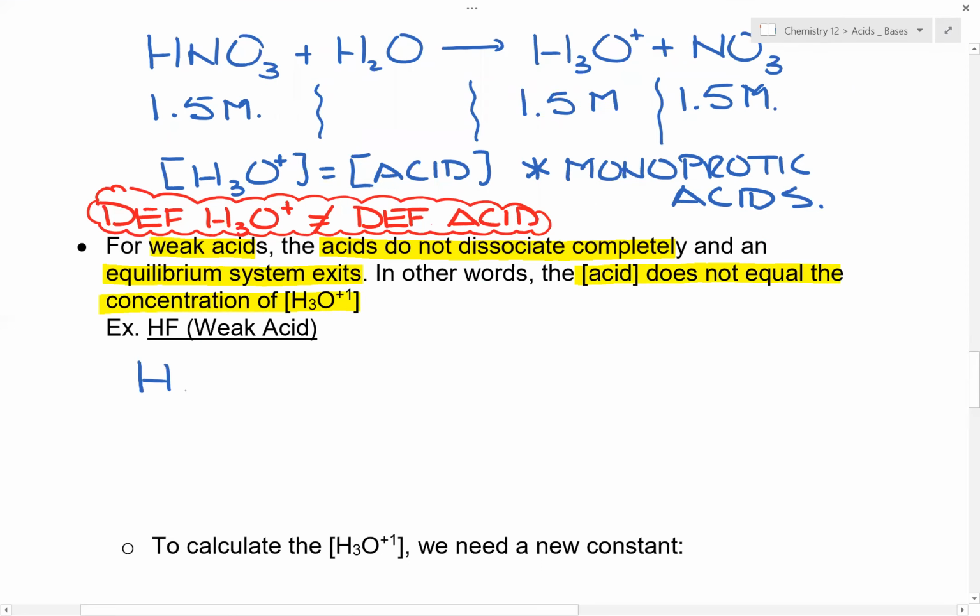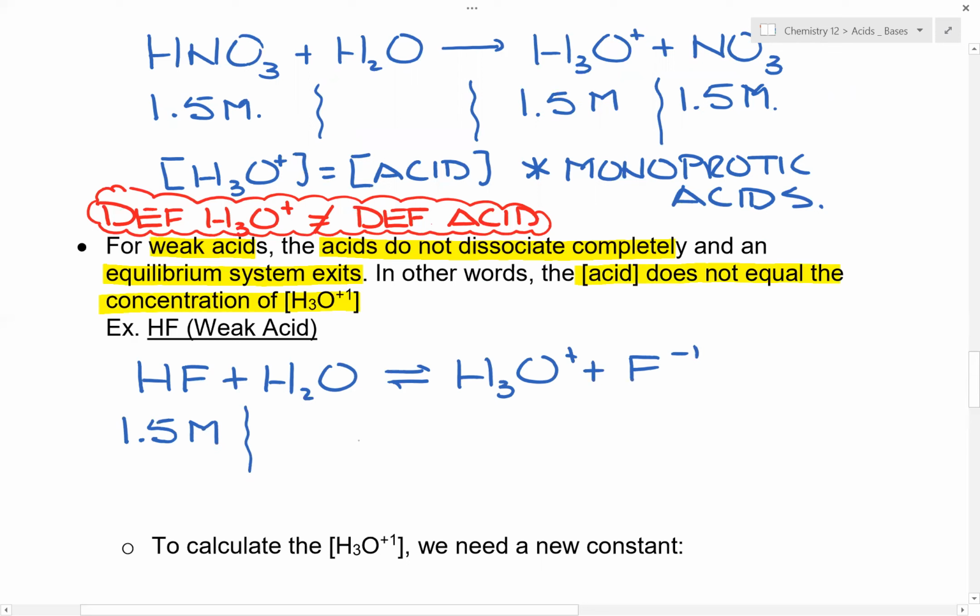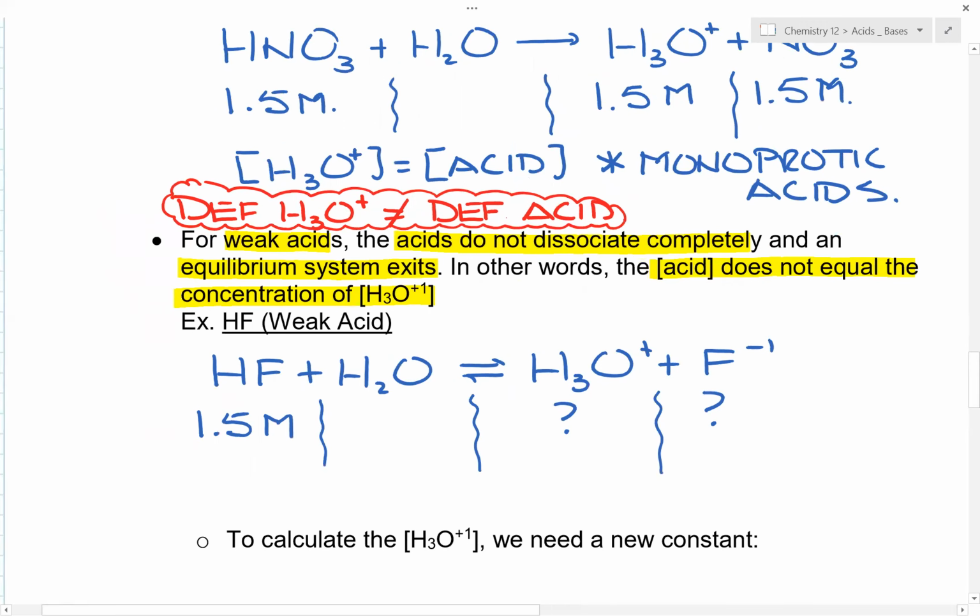So we have HF plus water in equilibrium with H3O plus and F minus 1. Let's say we start off with 1.5 molarity of HF. The concentration of H3O plus, we don't know. The concentration of F minus 1, we don't know, because the acid does not dissociate completely.